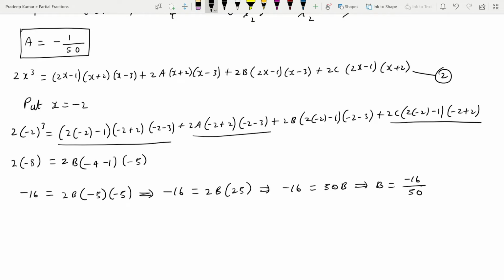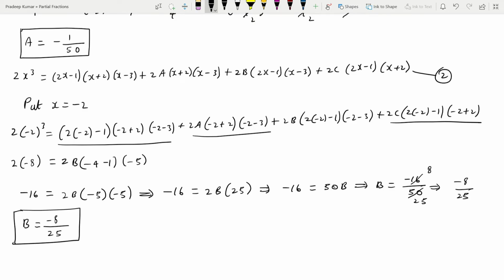Now if we solve this, we can cancel with the 2. So 2 8s are 16 and this is 25. So we are getting the b value as minus 8 by 25. So this is the b value we got.